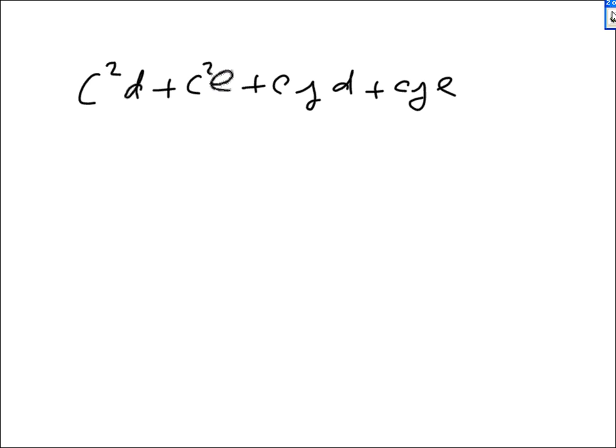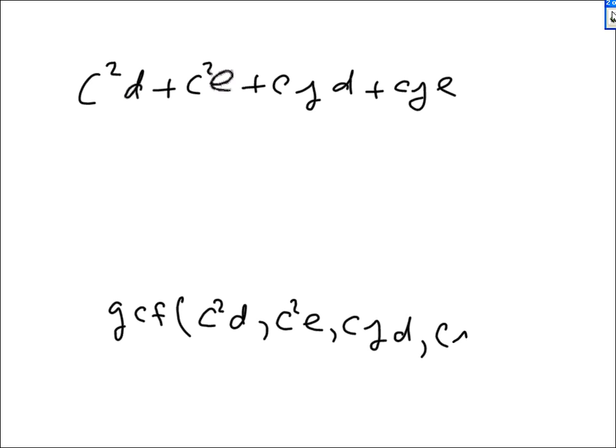Well, what we're asking is to see what we're factoring out, so you look at each term: c squared d and c squared e and cjd and cje. The last two terms have c's and not e's. They all four have c's in common and nothing else.